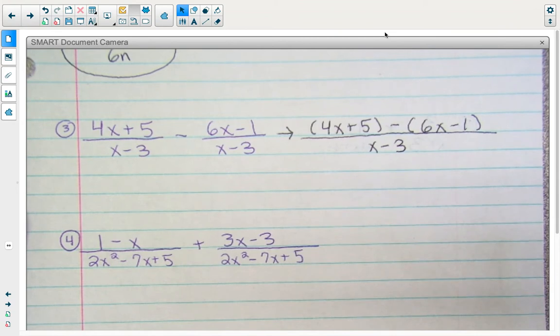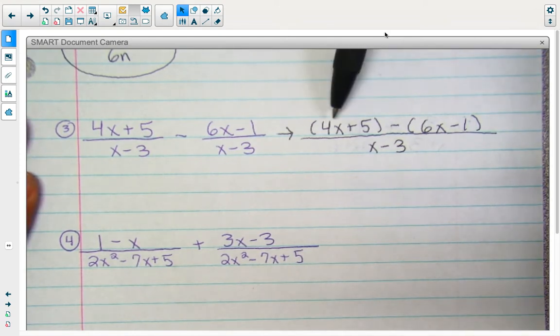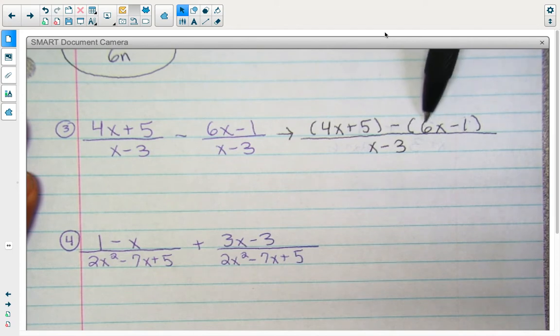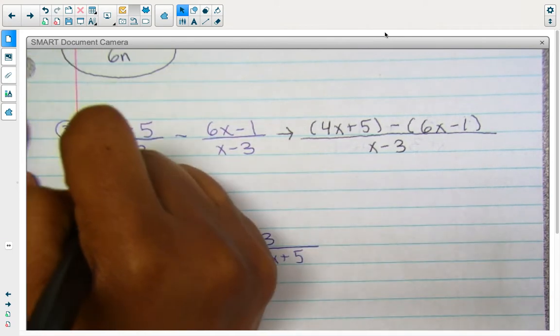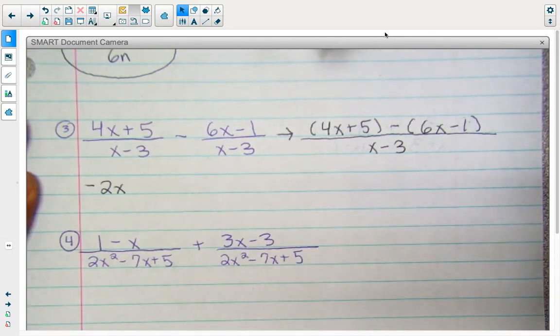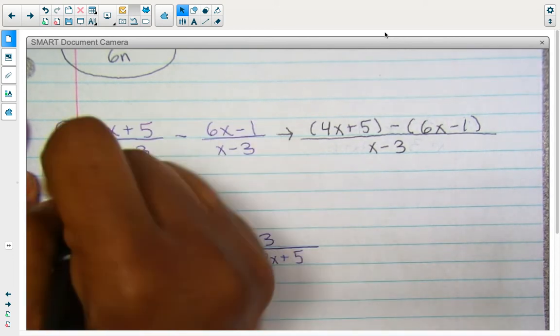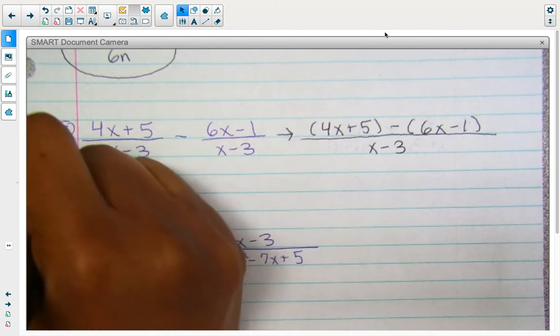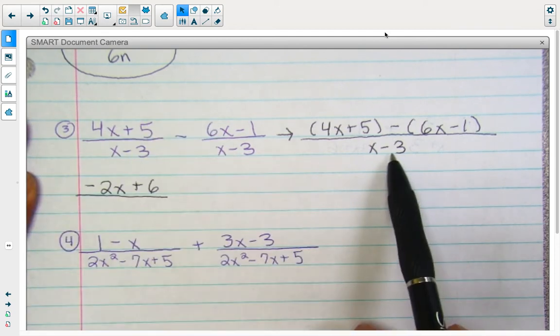So 4x plus 5 minus the whole 6x minus 1, all over x minus 3. So we're going to go through and do like terms. 4 minus 6 is negative 2. 5 minus negative 1 is 6. And this is all over x minus 3.